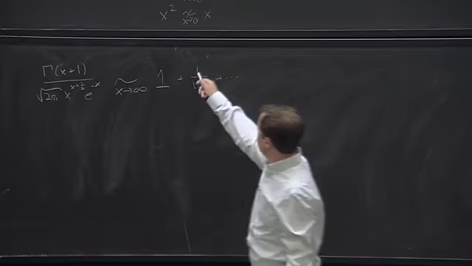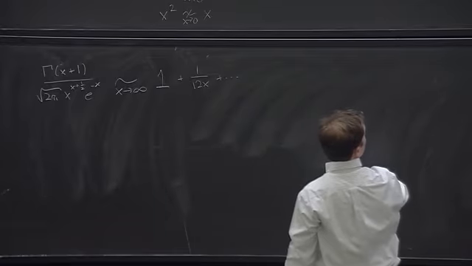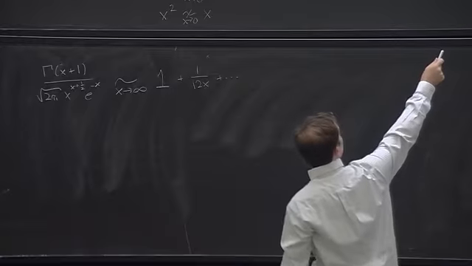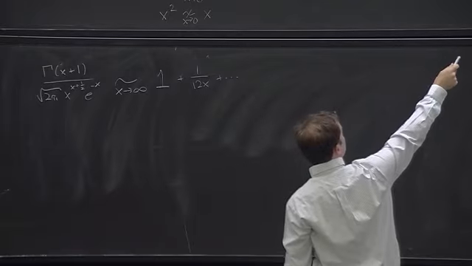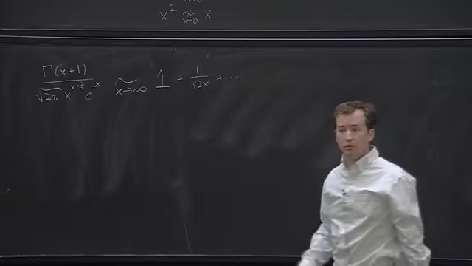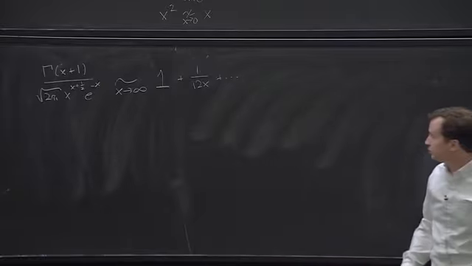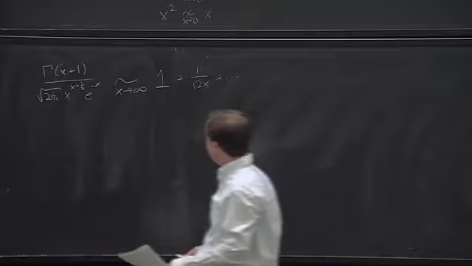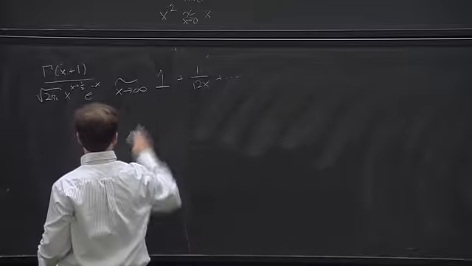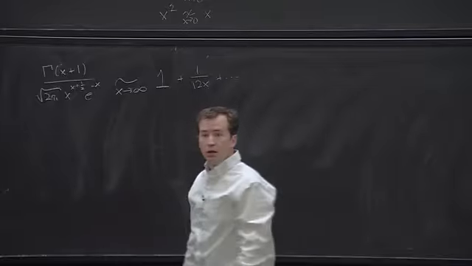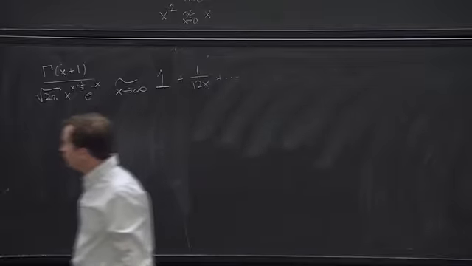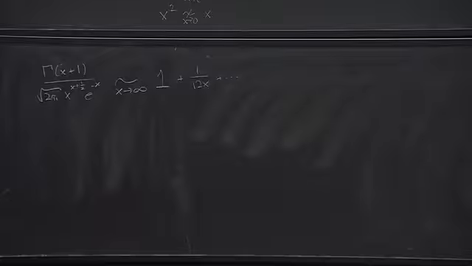Using the same definition, where we can just replace x minus x naught to the n with x minus x naught to the minus n, this is our asymptotic series result. So this is the simplest possible example.